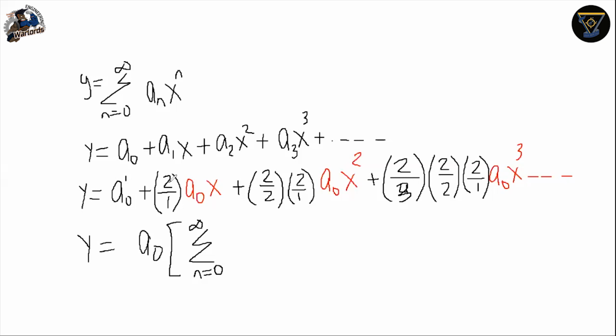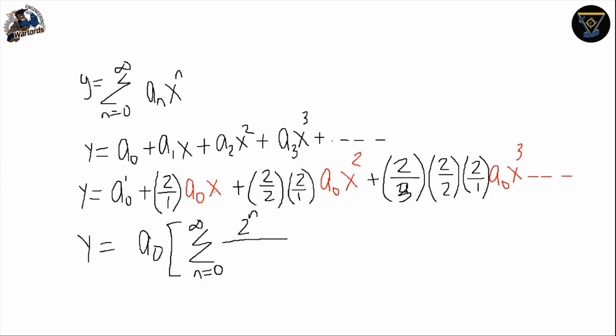So it's going to be 1 plus 2 over 1 x plus 2 over 2, 2 over 1, x squared, and etc., right? So we're going to look at the numerator. So we have 1, we have 2, we have 2 times 2, we have 2 times 2 times 2, right? So if you make a formula, it's just going to be 2 to the n, right?